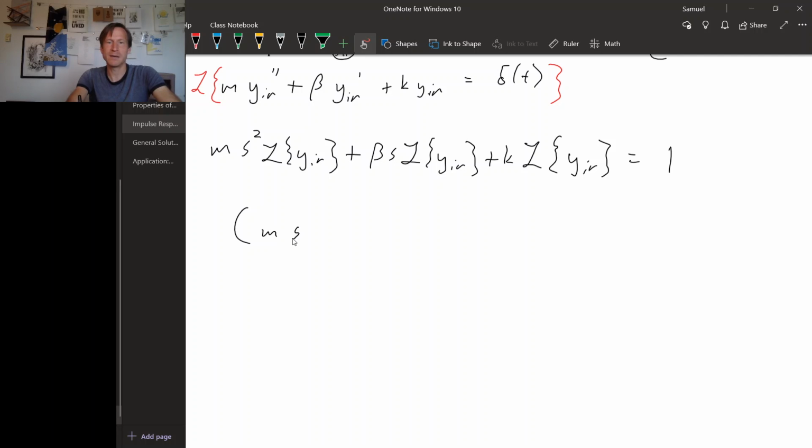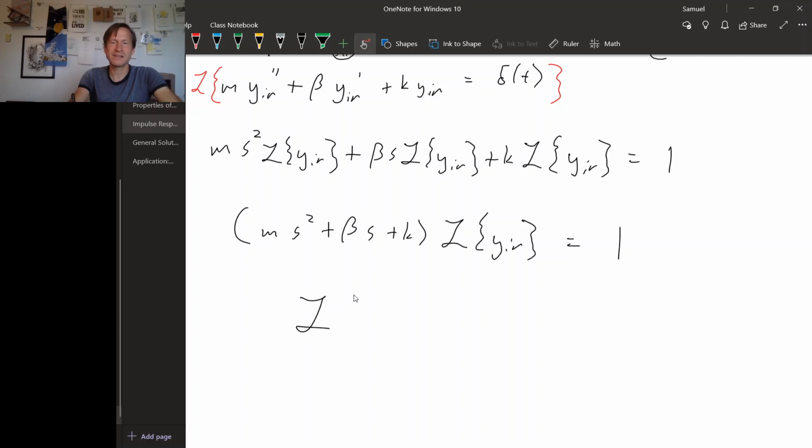We get ms squared plus beta s plus k times the Laplace transform of the impulse response is equal to 1. And so the Laplace transform of the impulse response is 1 over ms squared plus beta s plus k.